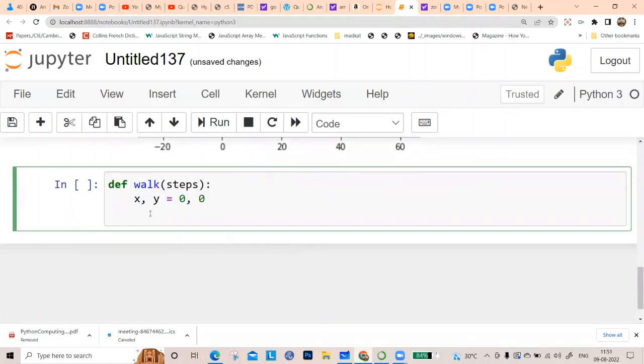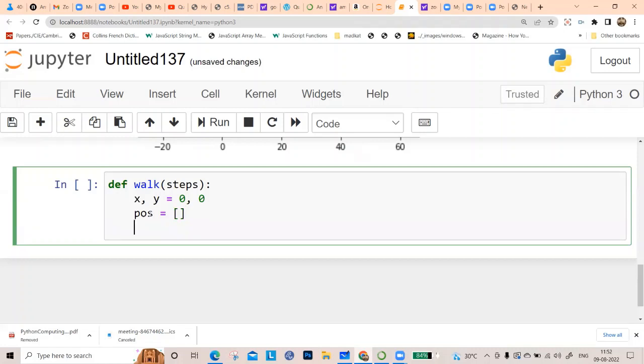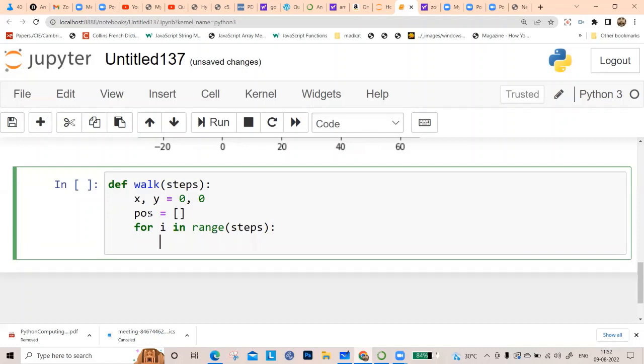So let me write POS equal to an empty list, where I will collect the positions. Like previously, I write for i in range steps.